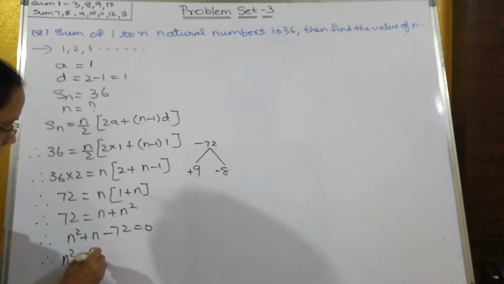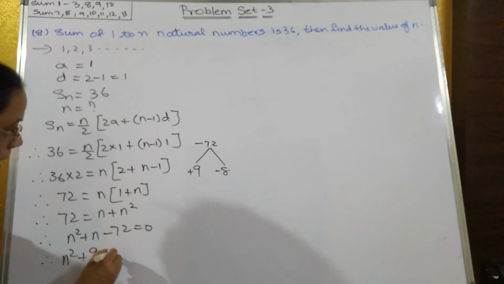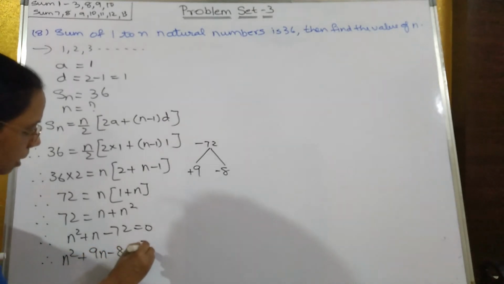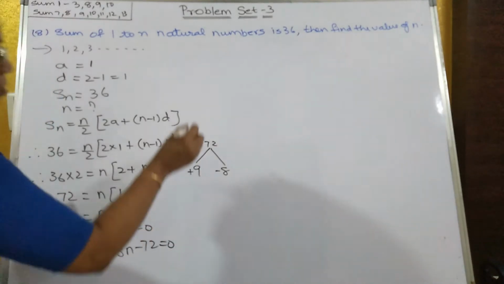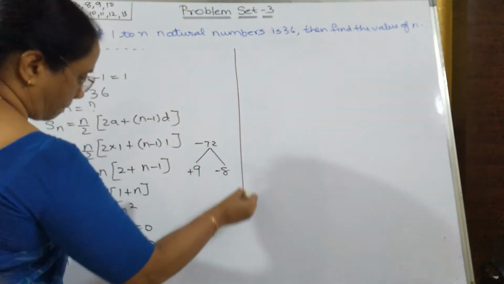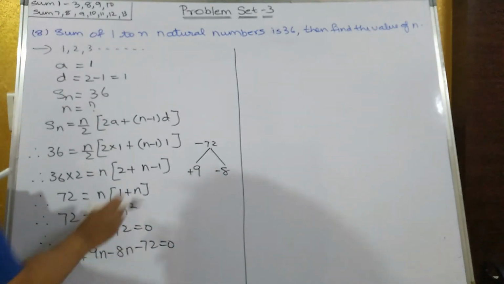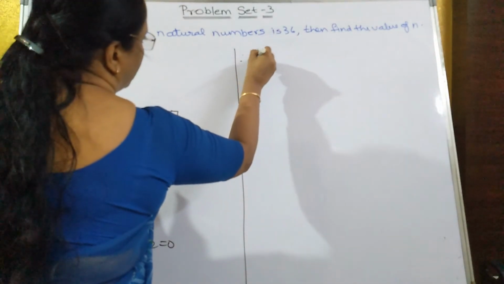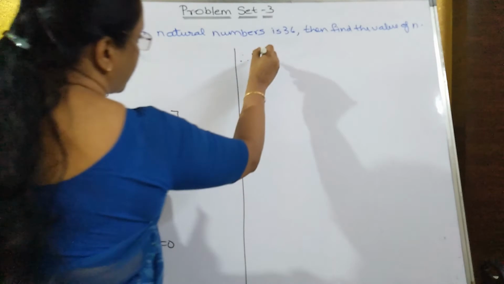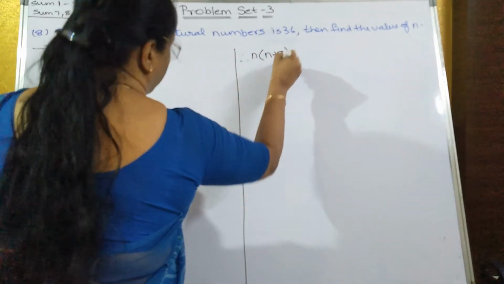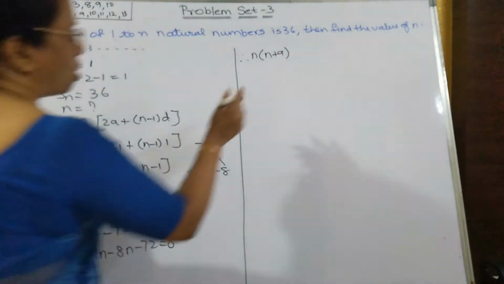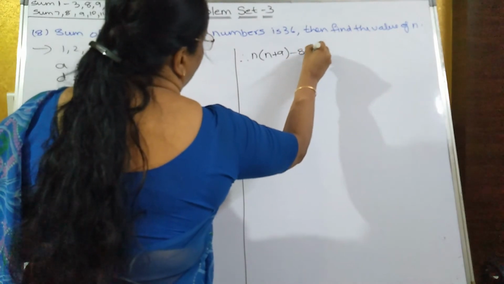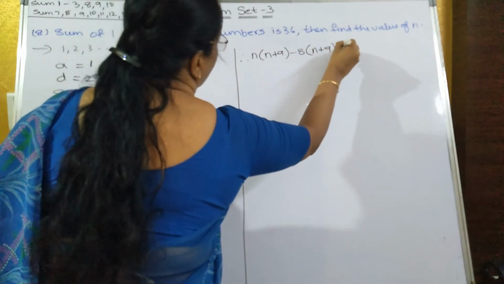Therefore n square, instead of plus n you will write what? Plus 9n minus 8n minus 72 is equal to 0. Take n common over here, therefore n into n plus 9, and over here minus 8 is common, minus 8 into n plus 9 is equal to 0.